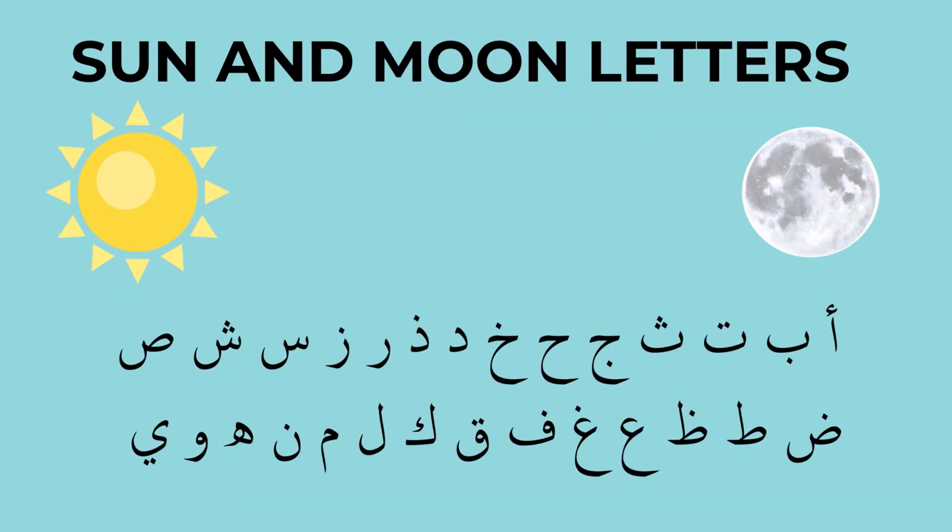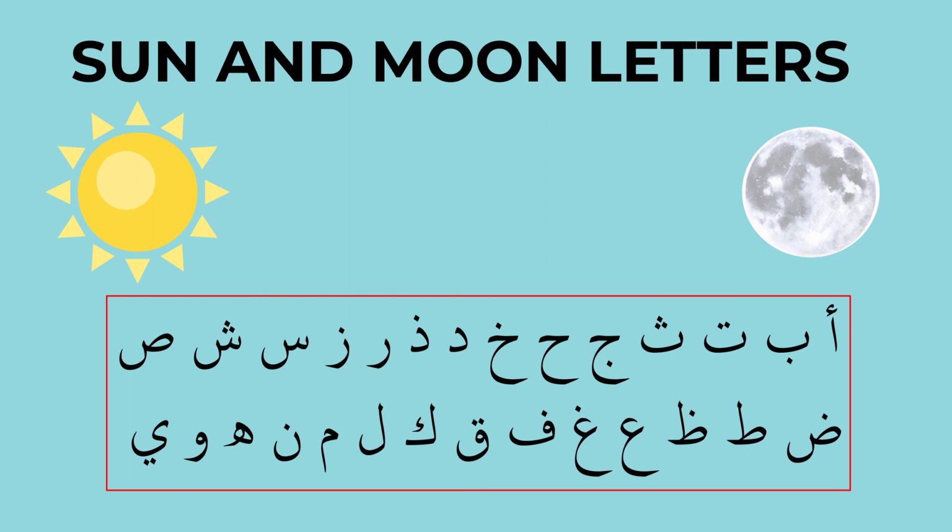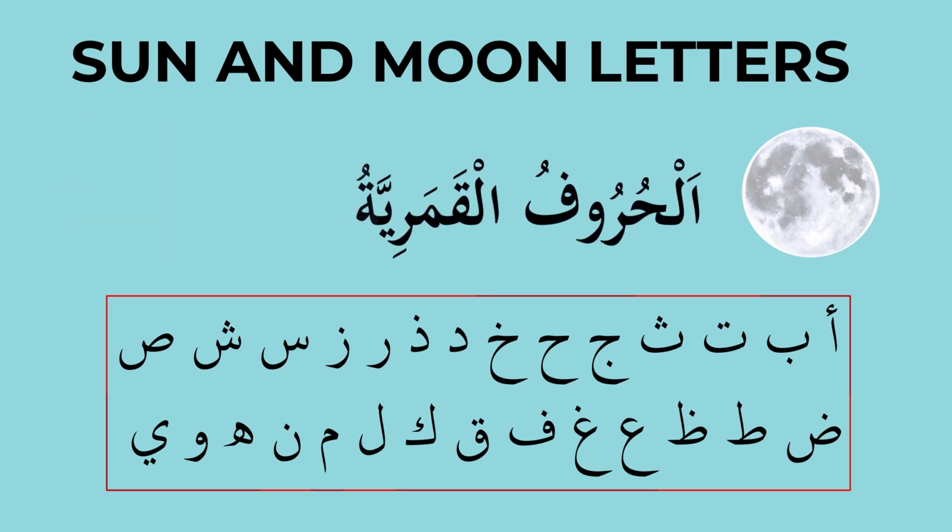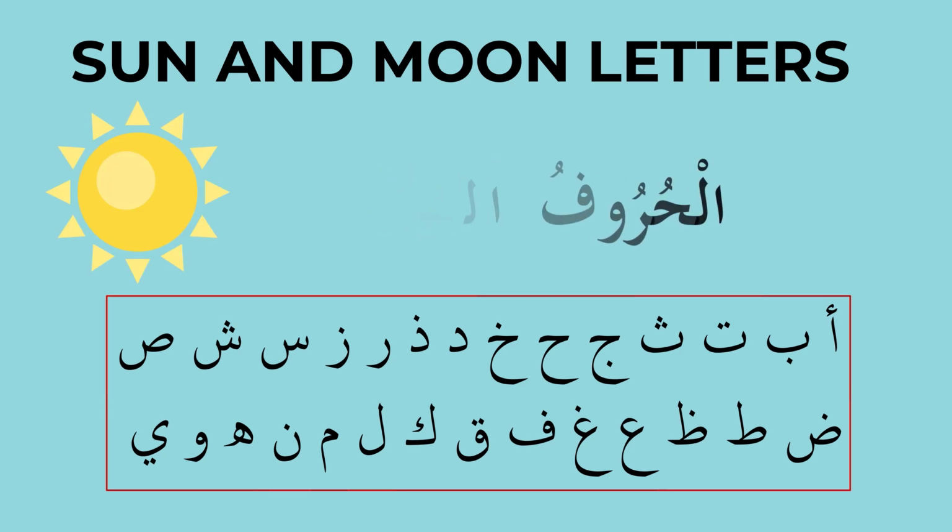The 28 consonants are divided equally into two groups. In English, we call them moon letters and sun letters. And in Arabic, we call them al-huruful qamariya, moon letters, and al-huruful shamsiya, sun letters.